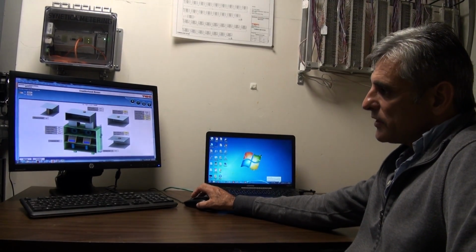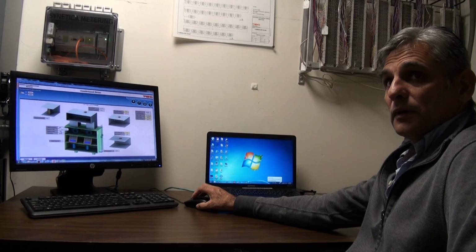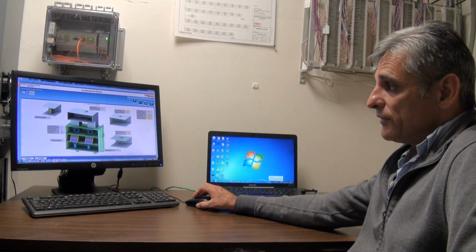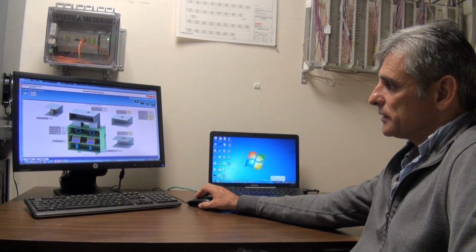As you can see, it's a very slow speed up, which is saving energy. Every time you slow that fan down, it's saving a lot of energy.